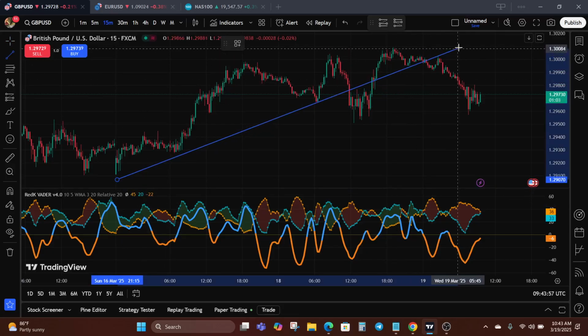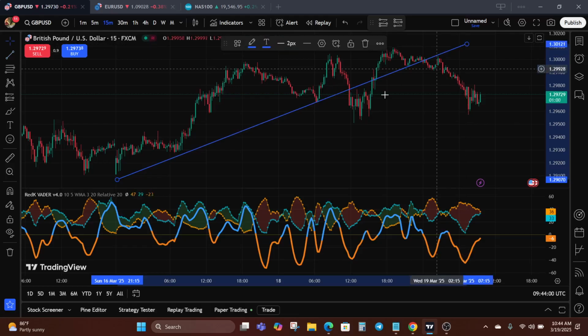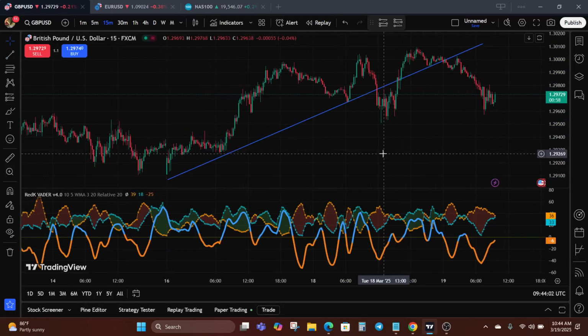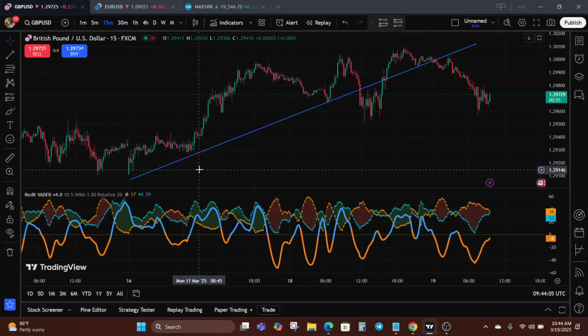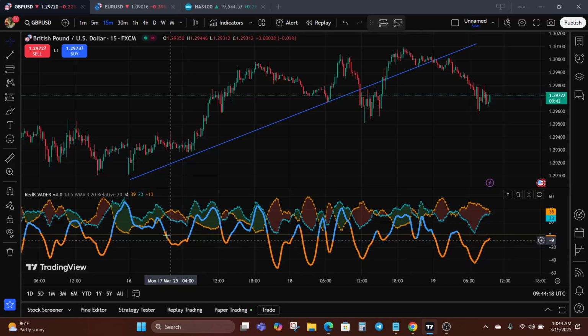So when you are in a buy trend, you should be looking out for this particular line climbing up from the negative territory into the positive, and ensure that the color has changed from orange to blue. Okay, the change of the color from orange to blue indicates a buy signal, indicates that buy momentum is incoming.